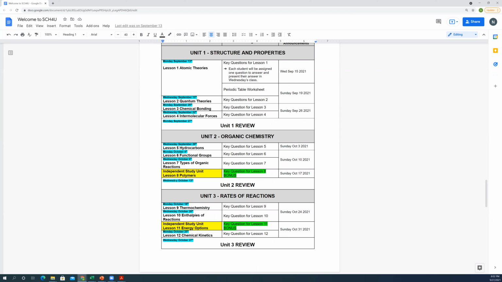Lesson 8 is going to be an independent study unit, which means that you can study this on your own. You will look at my slides and study this on your own. And then the key questions for this independent study unit will be treated as a bonus. Just to clarify what I mean by a bonus, it's due on Sunday, October the 17th. If you choose to hand it in, and because it's a bonus, it's optional.